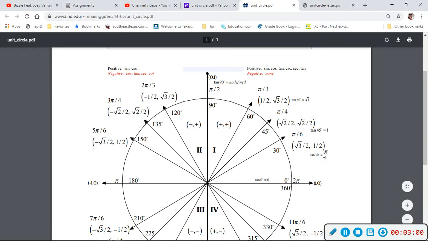So this is a whole lot nicer than the other one in the fact that it gives you these values of tangent. Here, if we do y divided by x, it's the same thing. So you get 1, and then on this quadrant you will get square root of 3 divided by 1. Just focus on the top numbers, and that will give you the square root of 3. And then here, if we do 1 divided by 0, we get undefined.